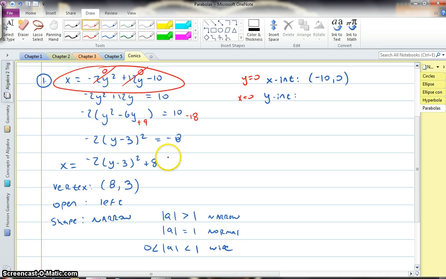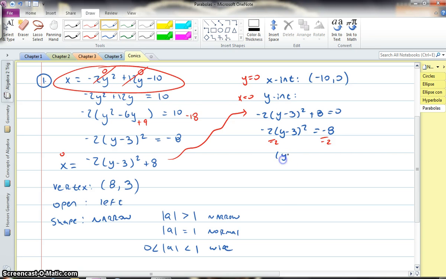Now my y-intercept, we need to know when x is 0. So what I like to do is I like to take my solved form. All right, the square is already completed, and now all we have to do is solve when x is 0. So I have negative 2 times the quantity y minus 3 squared plus 8 is equal to 0. So subtract 8. All right, so we're solving just like we did on the last test. Divide by negative 2. Y minus 3 squared equals 4.